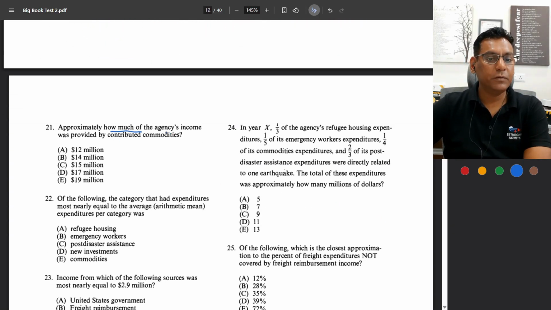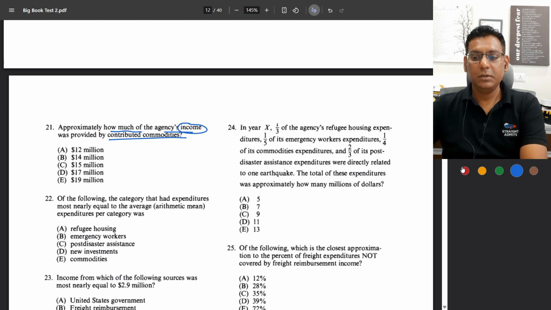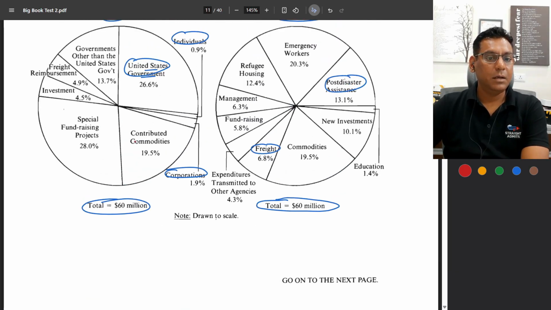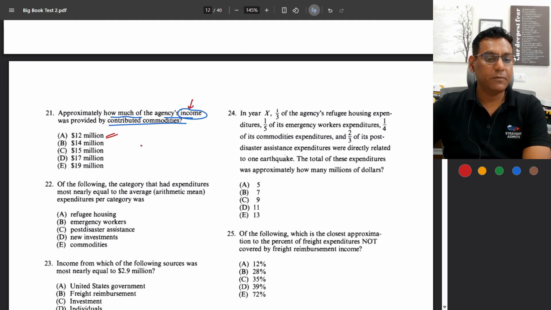Approximately how much of the agency's income, so I'm going to look at the first graph, was provided by contributed commodities. Let me just change the color. Contributed commodities income in millions. All right, what is contributed commodities? It is 19.5% of $60 million.